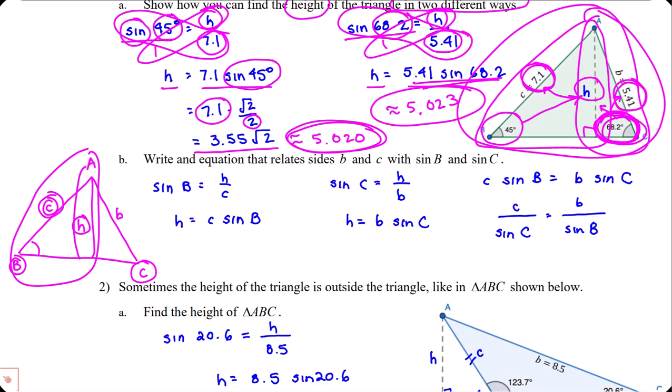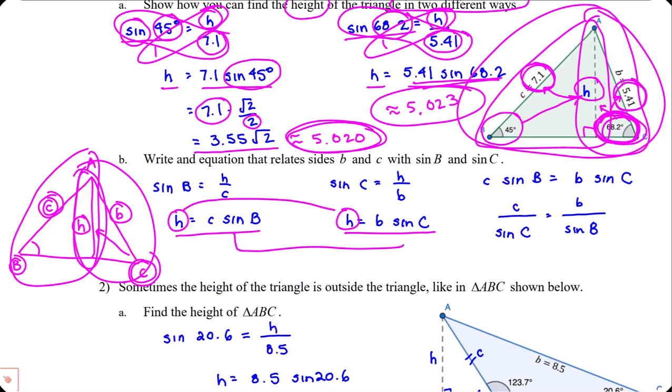Then for this triangle to the right, we said that sine of c is its opposite, also h, over the hypotenuse for that side. And we solved for h in each case, and we got a different expression, but they're both h because they're both the height of the triangle.